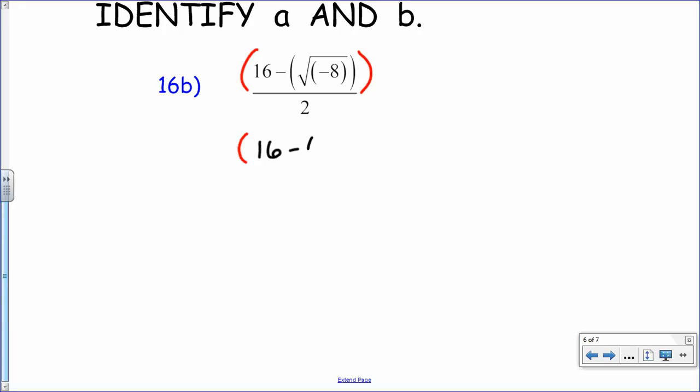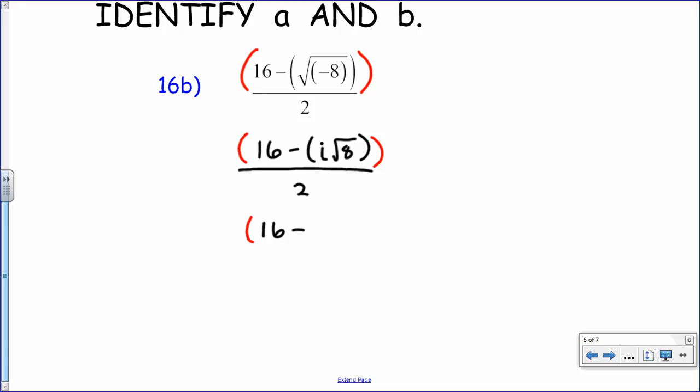So I have minus i times the square root of 8. What does 8 simplify to? Square root of 8 simplifies to? Right, 2 square root of 2.